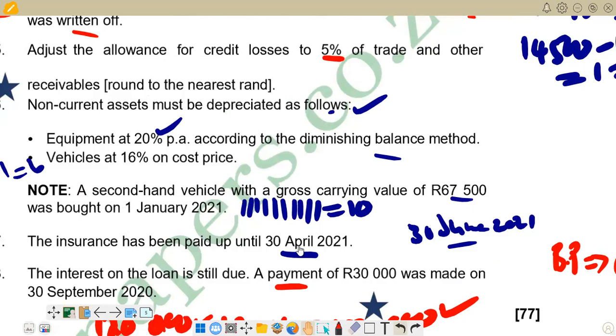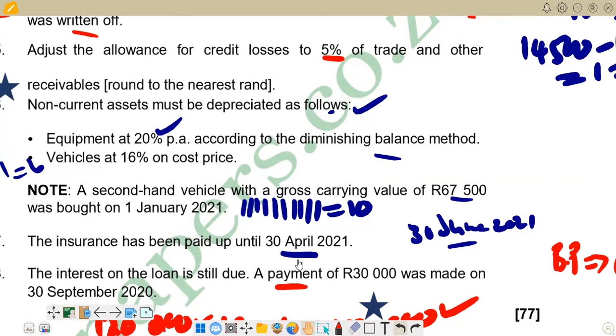So the insurance for May and June was not paid. So it was an accrual of an expense. Remember, an accrual of an expense is under payables. And also, if it's income, it will be a prepayment of income, payment in advance, and it becomes a payable. So here we have those 2 months that we calculated, and we found 1,130, if you still remember. So it's going to be also a payable.